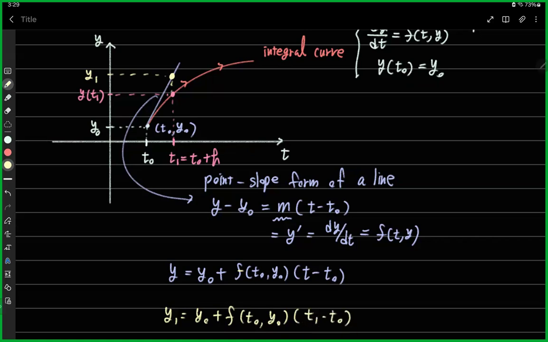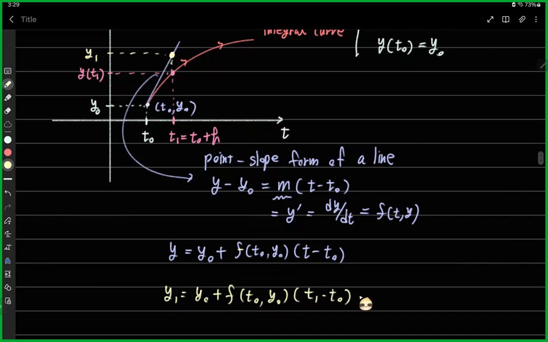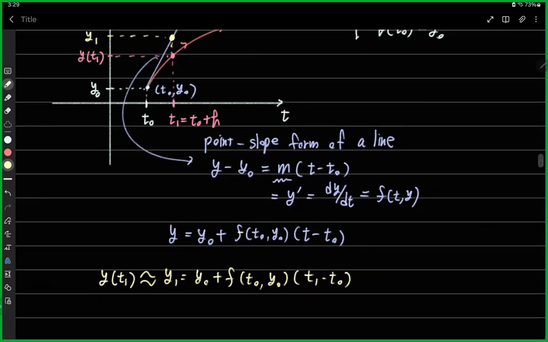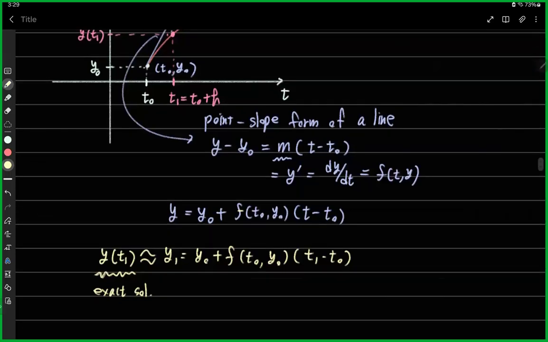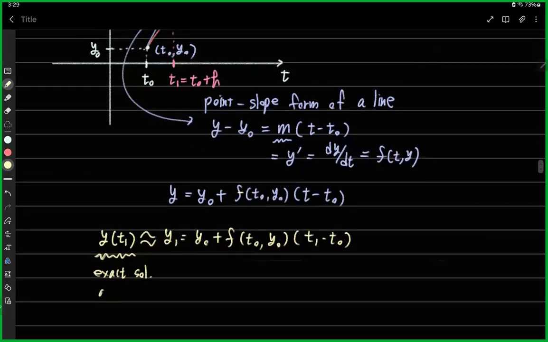We just evaluate this at t1, and this can be used as an approximation of y of t1. That's the exact solution at t equals t1.